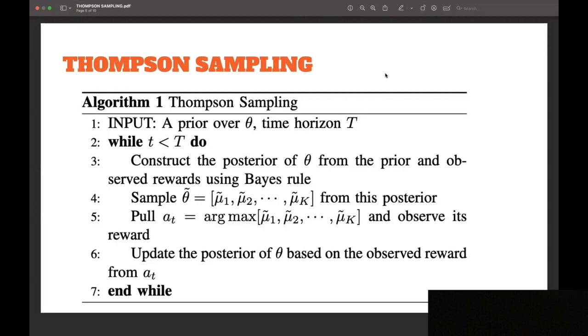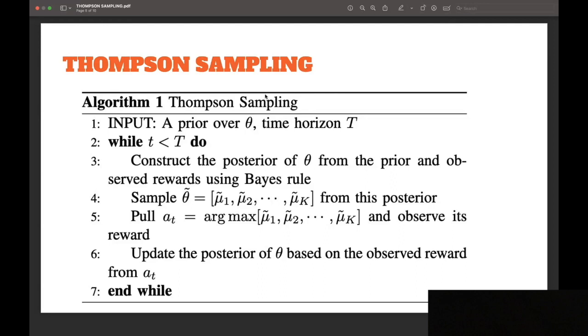A pseudocode for the Thompson sampling algorithm is given in this slide. It looks kind of complicated, but it actually consists of very simple steps, and I will go over each of them one by one. First, as input, we give a prior distribution over the theta that I have mentioned in the previous slide.